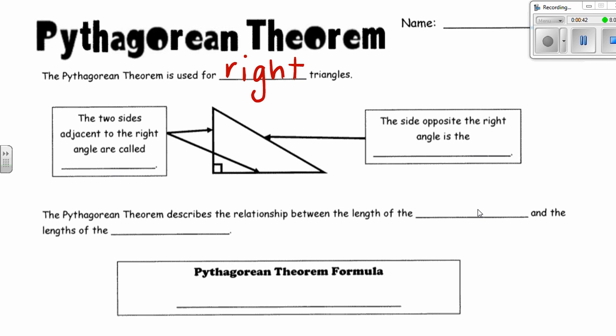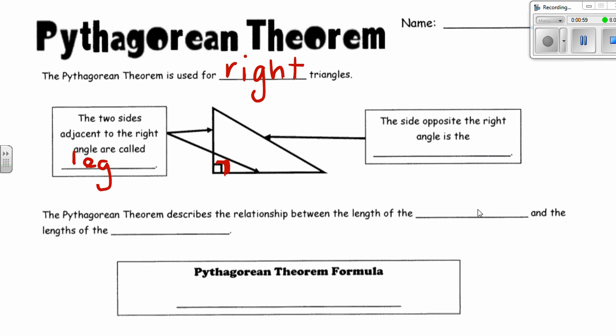Now connecting that 90-degree angle, you have two sides, and the two sides adjacent to the right angle are called legs. The way to think about that is the 90-degree angle is going to be touching the two legs.